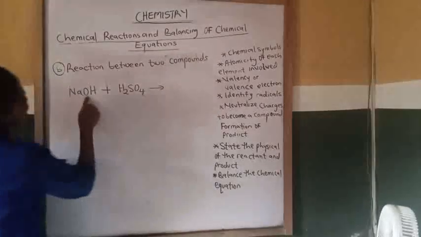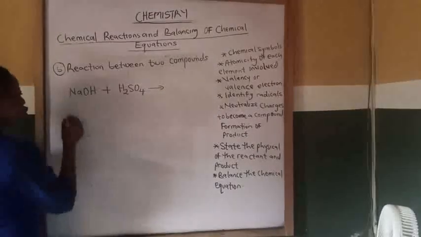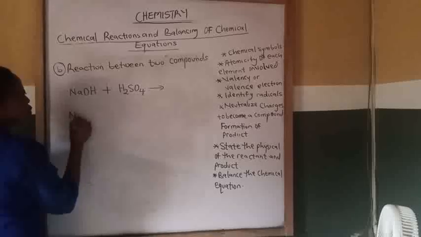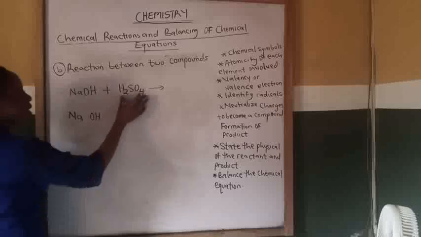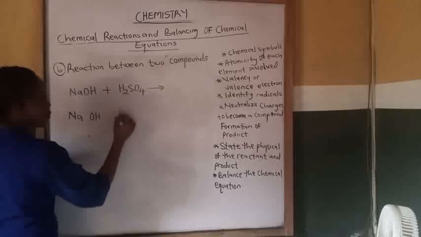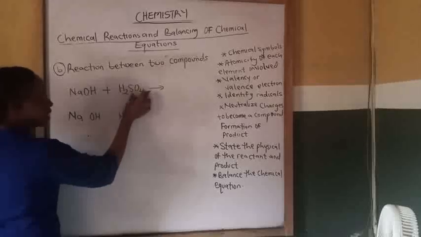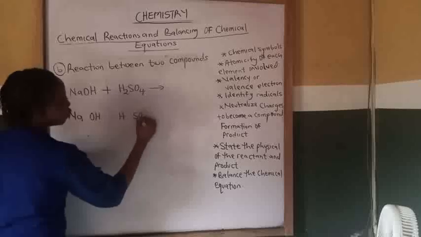So OH is a radical, so you don't separate. So this one will decompose to Na and OH. Then H2SO4 will decompose to hydrogen. We have hydrogen here and this radical, which is SO4.